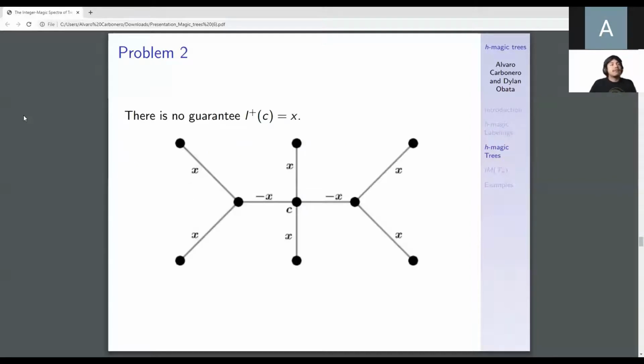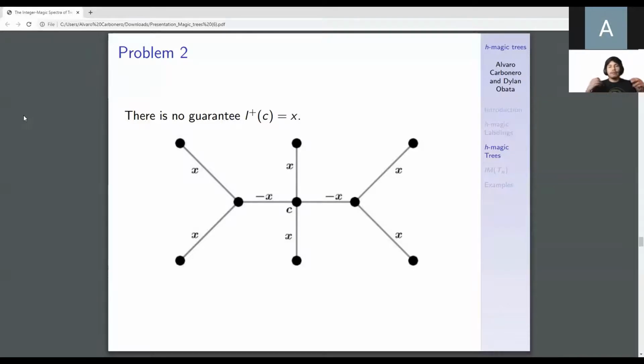The second problem is in here. And this problem is a little bit more complicated, but just focus on this tree. This tree is here, and we labeled every edge according to what it's supposed to be. So f of that edge times the x. And as you can see, when it comes to the center, the labeling of the center is going to be 0. And that's a problem.